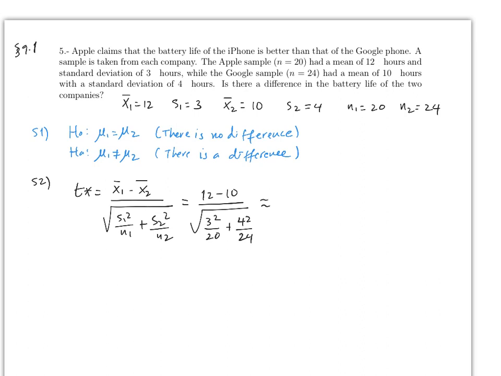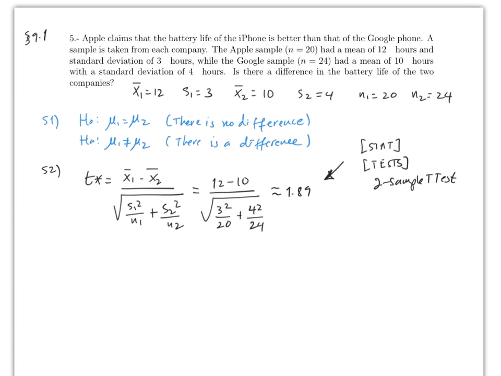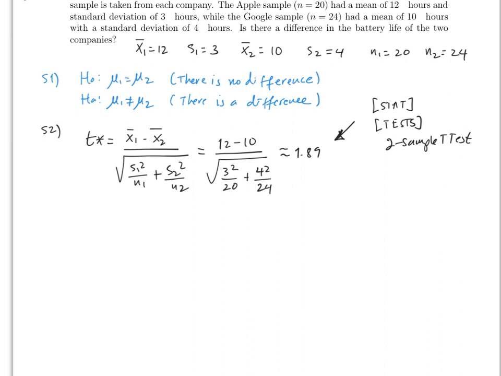And this is around 1.89. Again, if you have a TI 83 or 84 and you don't want to go to this trouble, you can go to Stat, Test, and then look for the 2-sample t-test, and it will give you T star. Otherwise, you can just use the formula the way we did. Okay, in step 3, we're going to find the rejection region.